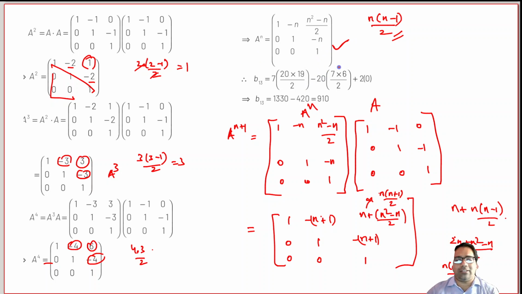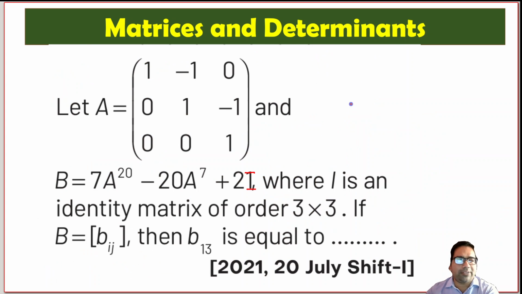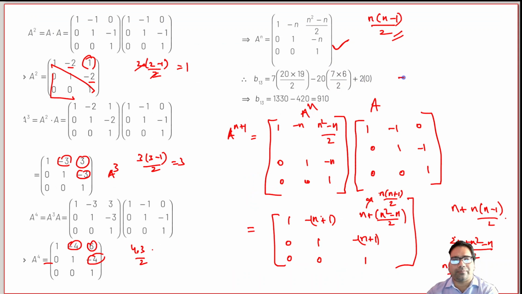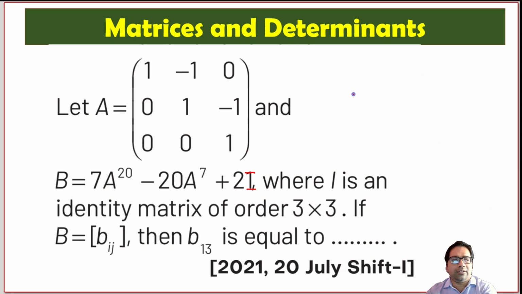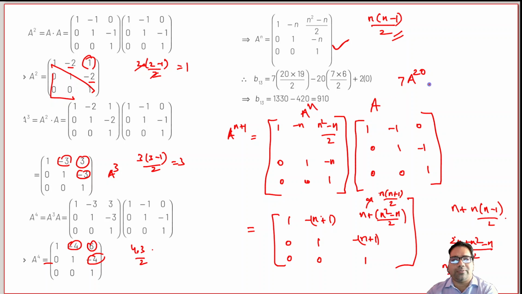Now what is our question? Our question is 7 into A power 20 minus 20 into A power 7 plus 2I, and we want this element only in all three cases, because we want B13 only.